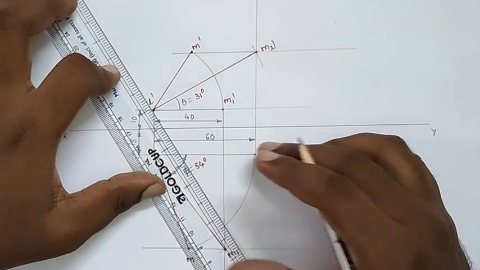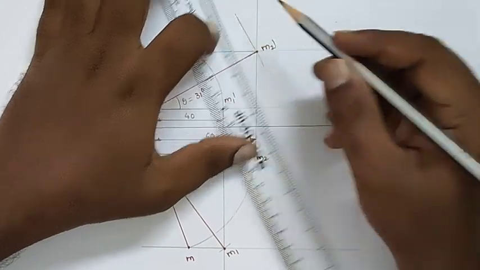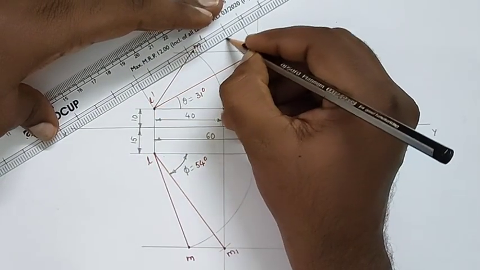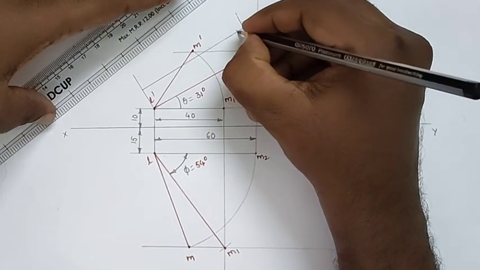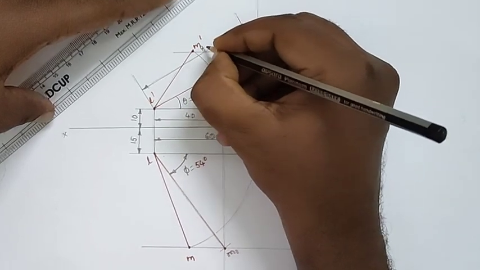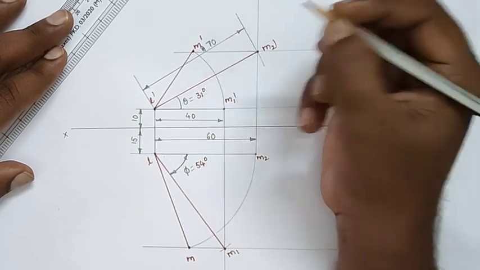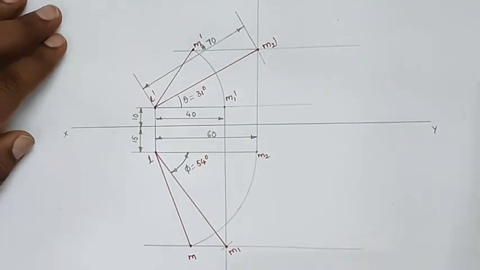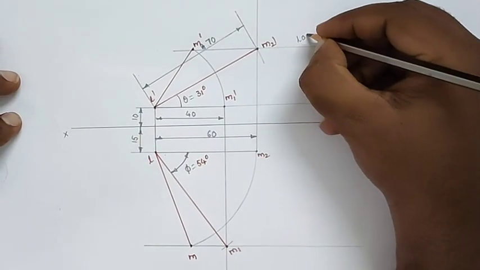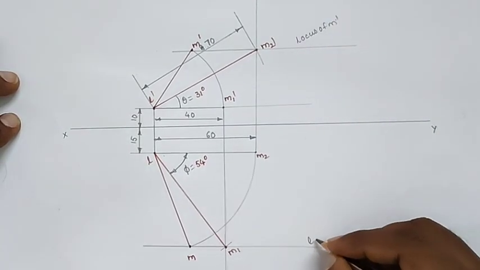And also the true length of the line they are giving in the problem. So this is 70 mm. Like that we will draw the projections. Here this one is the locus of M dash, and here this one is the locus of M.